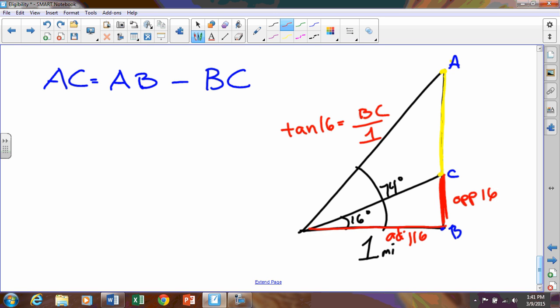Dividing by 1 doesn't do anything, though. So we wind up with that little piece of information: BC is the tangent of 16.